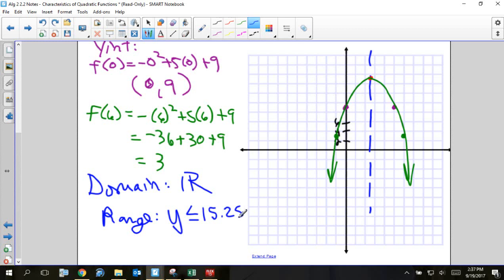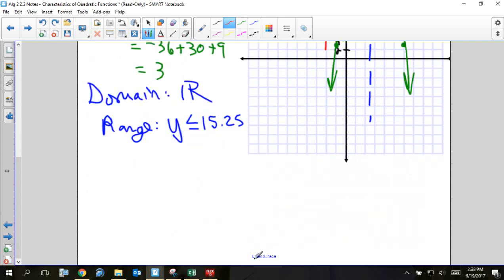It's just the vertex every single time, the y part. And then the increasing and decreasing part has to do with the x part of the vertex every single time. So we're riding our roller coaster. We only ride it left to right. So it's increasing where?